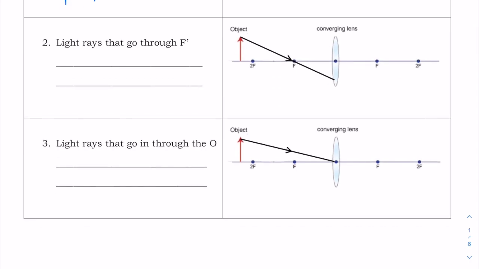The second one that we're going to look at is a ray of light that passes through F prime, our secondary principal focus. This one is refracted and comes out parallel to the principal axis. You can think of it like the opposite of ray number 1.